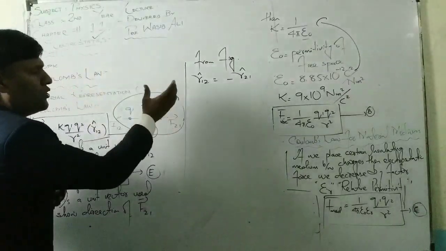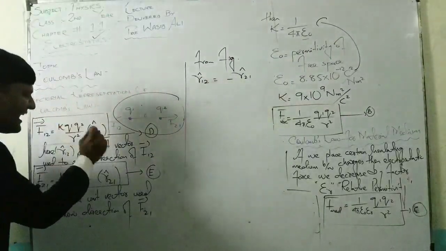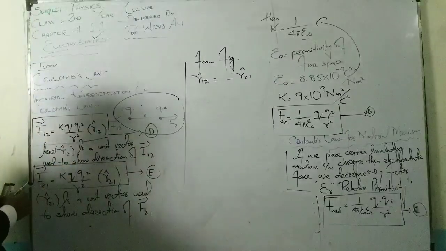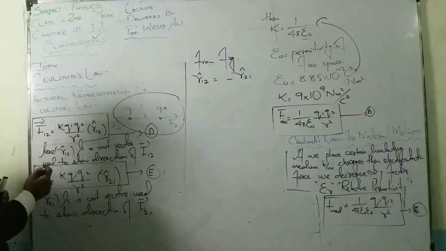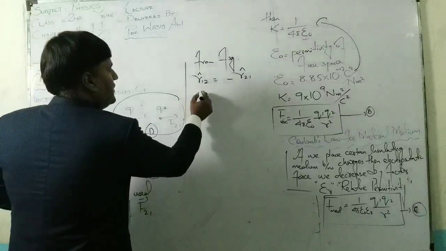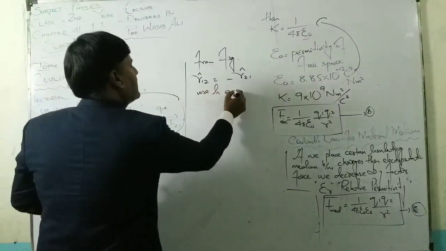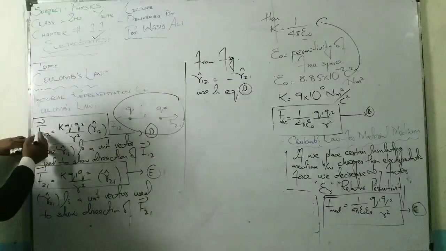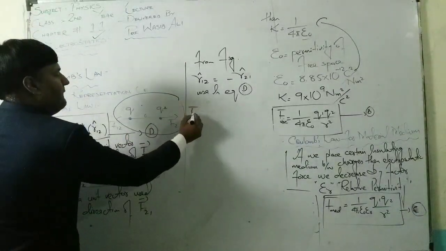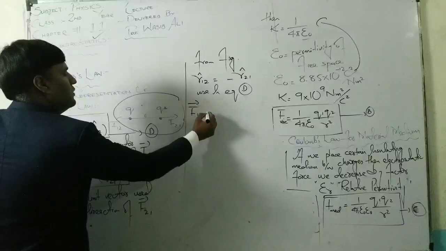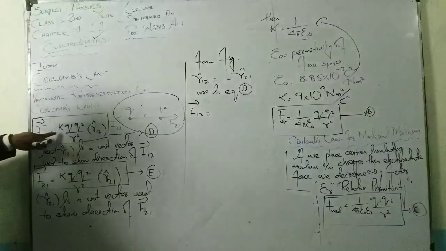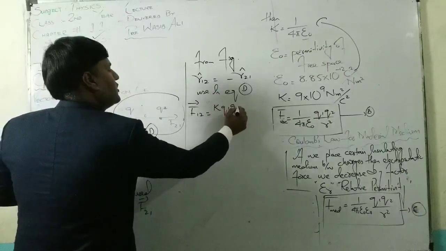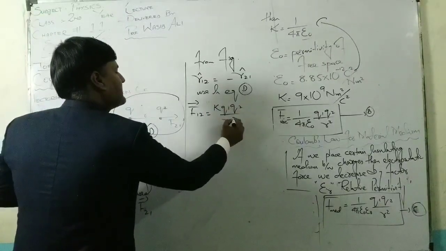Okay. Now use this equation in any of the equations, whether equation number D or equation number E. I will use it in equation D. Then you can write it as, look at here, F12 in vectorial representation is equal to K Q1 Q2 divided by R square.